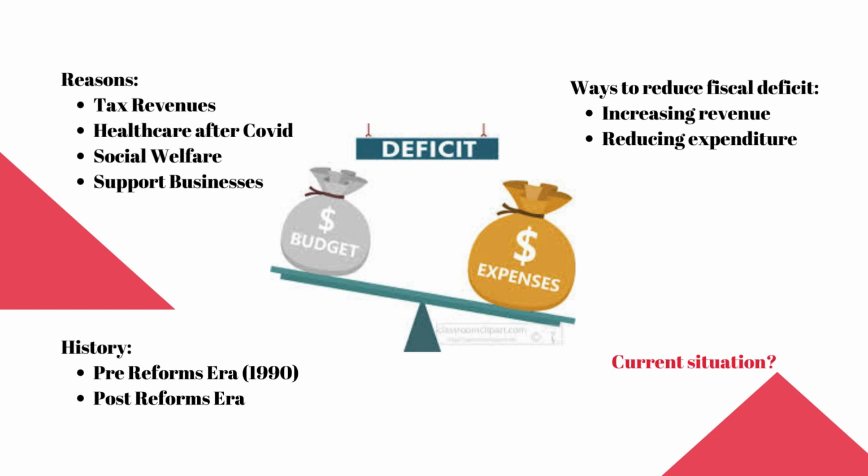If we look at the current situation of India, then Finance Minister Nirmala Sitharaman said that the government expects the fiscal deficit to be 5.1% of the gross domestic product for the financial year 2024-2025.